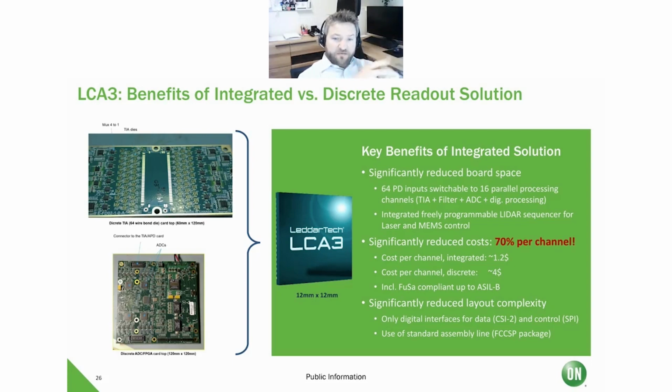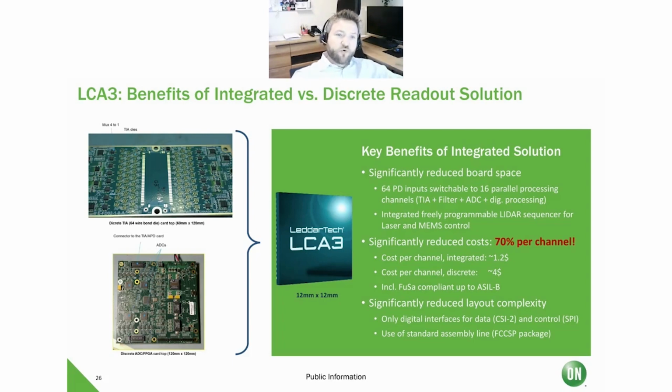And from layout complexity, due to the use of only standardized digital interfaces and a standardized package, it's easy at the end to do mass production with the ASIC, which is a prerequisite for automotive solutions.